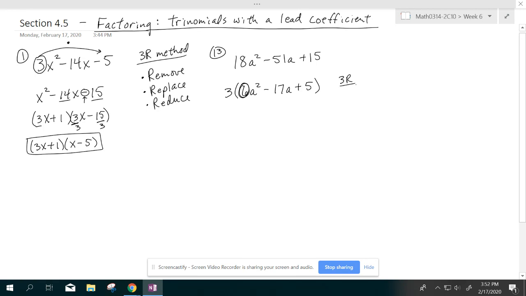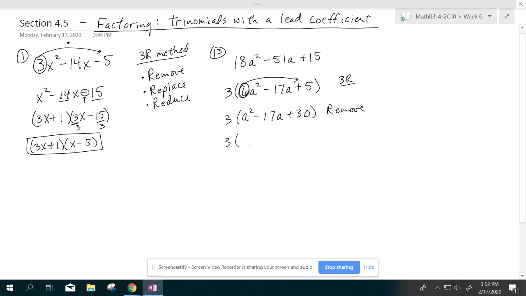So what's the first R? So we're going to remove the 6, and we're going to take it to the 5 and multiply. That's the remove step. We're going to remove the 6, times it by 5.